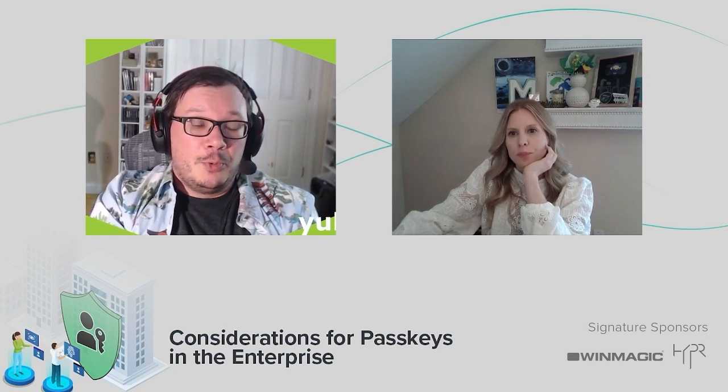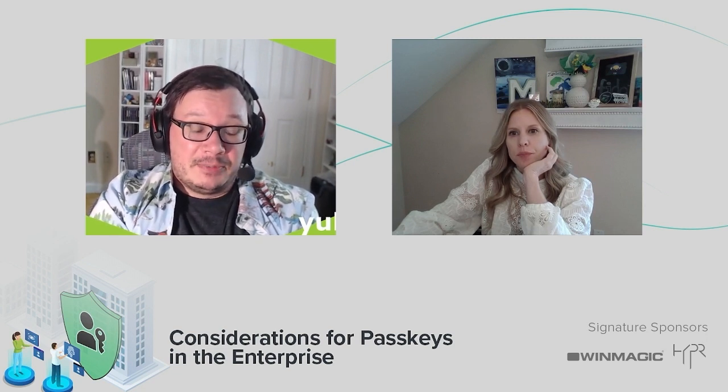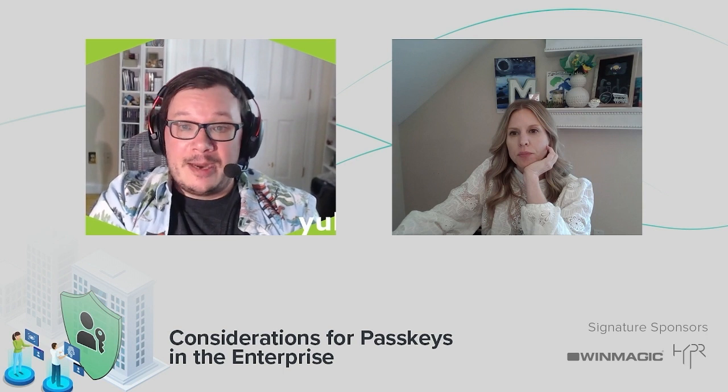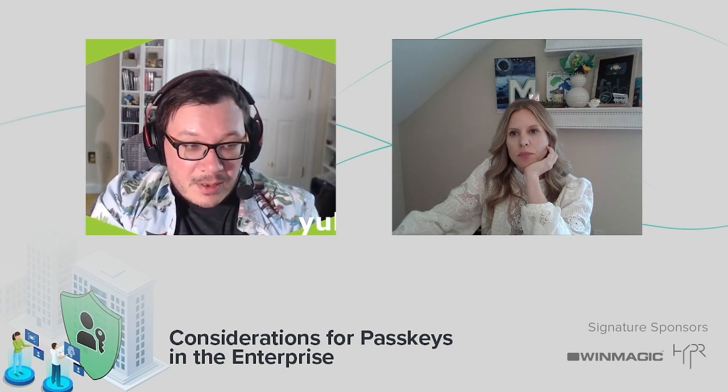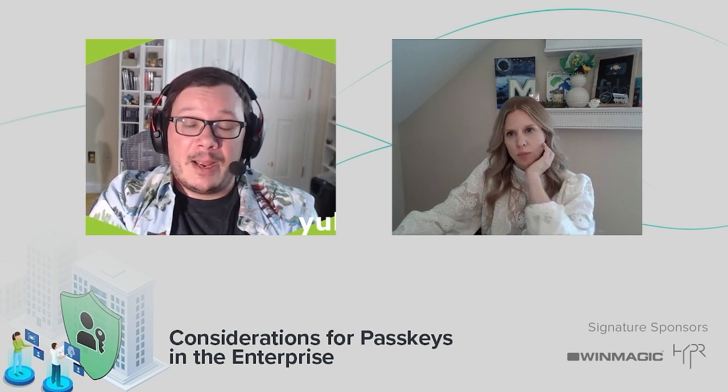And so you want to make sure you're abstracting your security mechanisms. The best way to do that is really to leverage a lot of the new capabilities that passkeys bring about, especially with cross-device authentication.